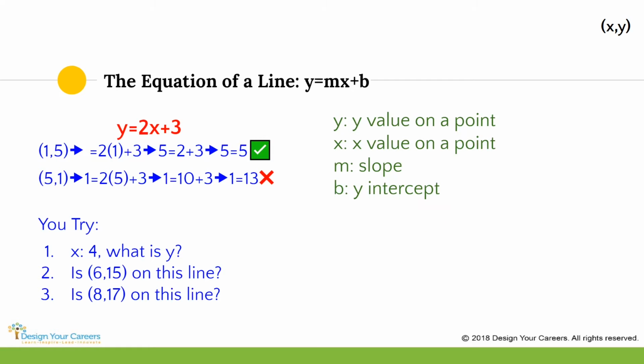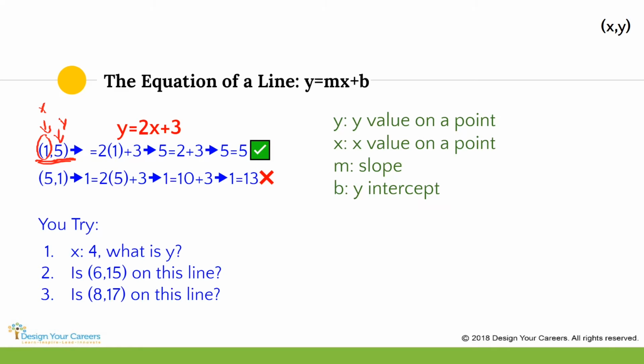So if you're given this equation right here, y = 2x + 3, and you're asked whether these coordinate points are a solution of the given equation, you can check. We know that this value right here is an x value, and this value right here is a y value. So you could plug it into this equation.